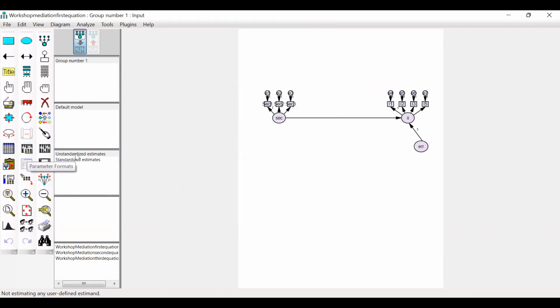Once you have that in place, you run the analysis. Once you run the analysis, the output comes. Go to the text output.